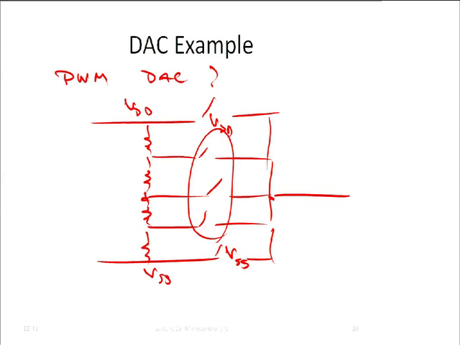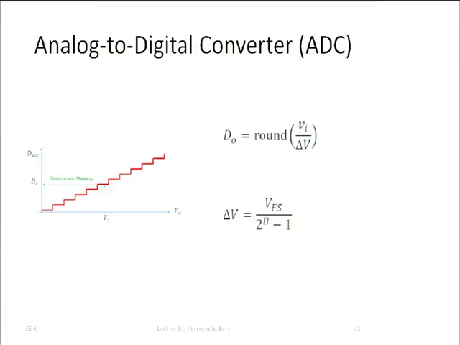So analog to digital converter, well, here we have just the opposite problem. Here we start with a continuous voltage V in, and then at the output we have a digital output, and that has a number of bits.